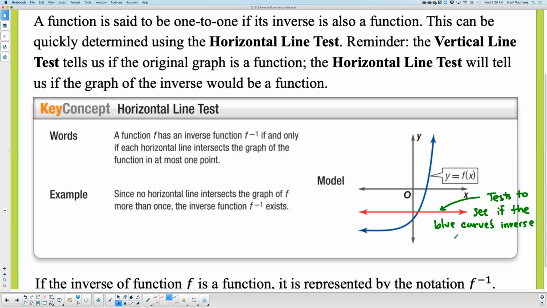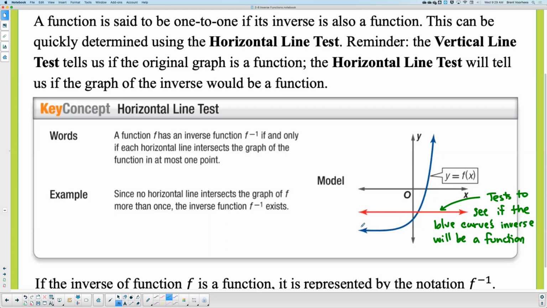So I'm not actually testing the blue curve itself. The vertical line test would test the blue curve. But when I do a horizontal line test, I'm testing to see if the curve's inverse will be a function.